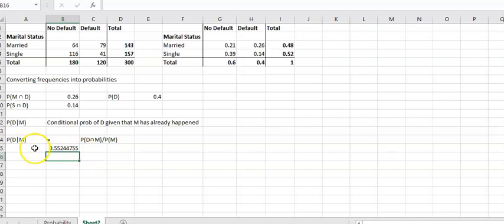So the conditional probability that the person is going to default on the loan, given that we know that the person is married, is 0.55, which is different from the total probability of default, which is 0.4, which means that if we know that the person is married, the chances of the person defaulting increases. So both the events D and M are dependent on each other, so if one event happens before the other, the probability of the other event is affected.